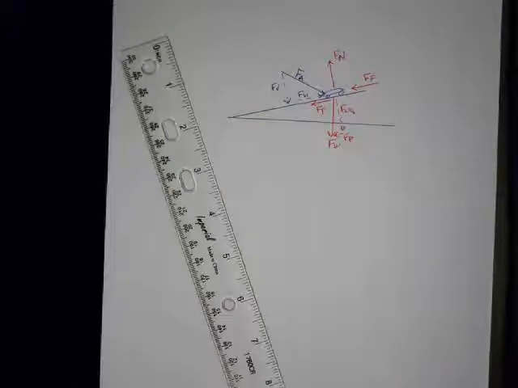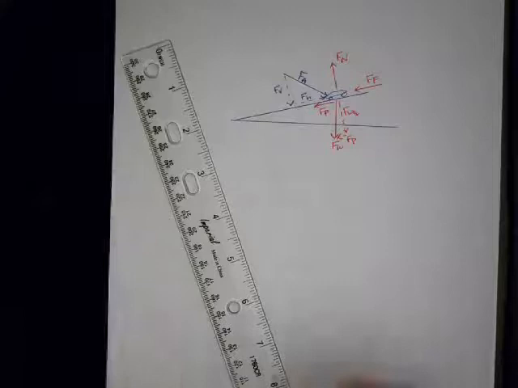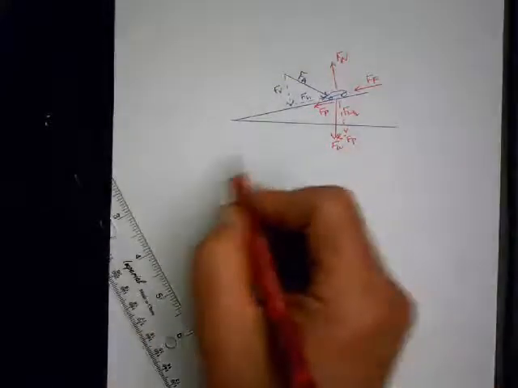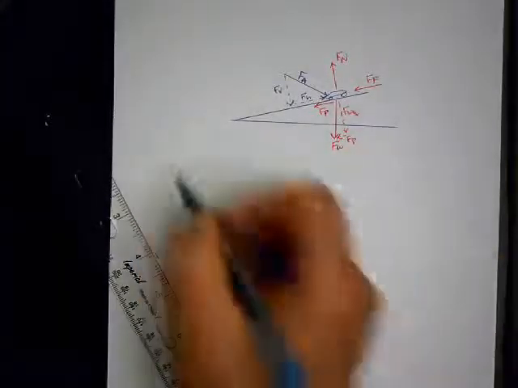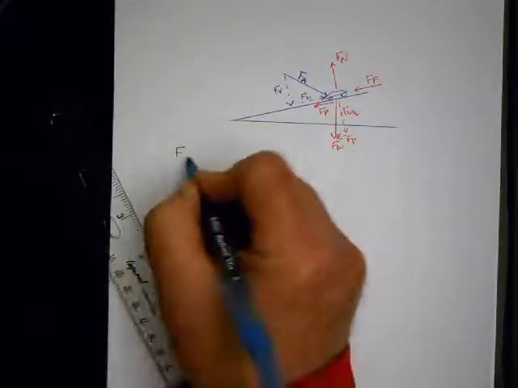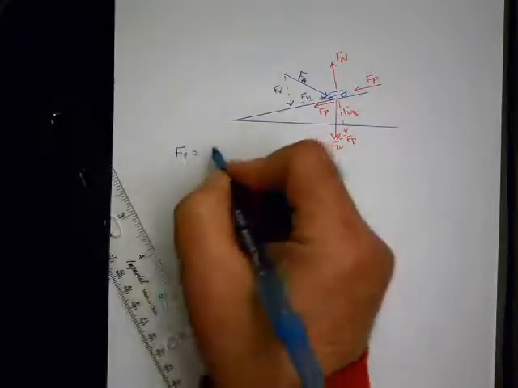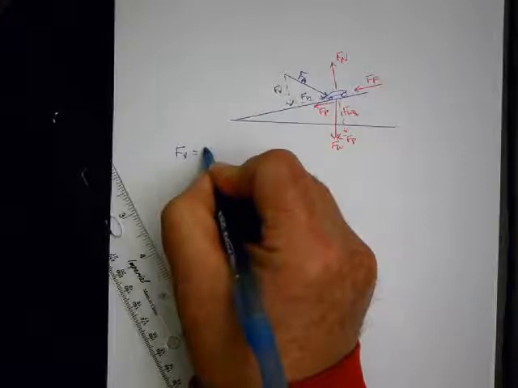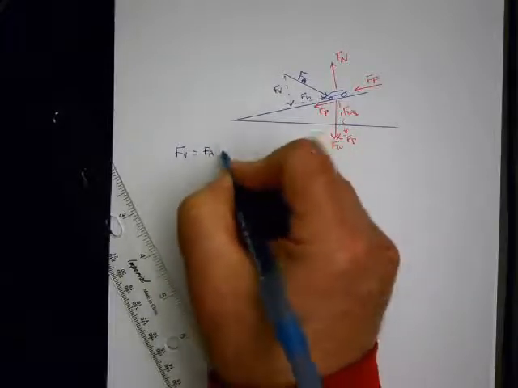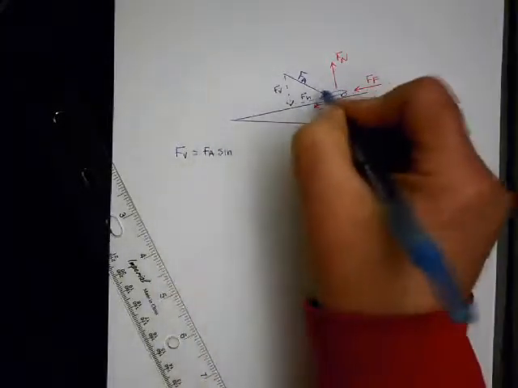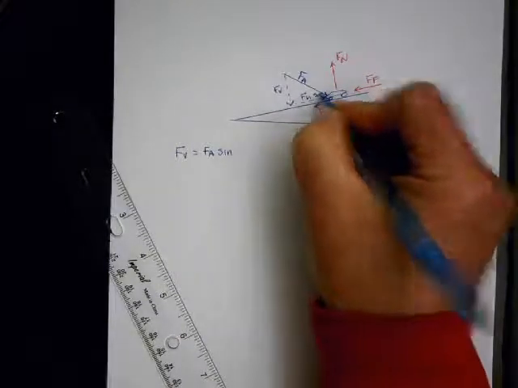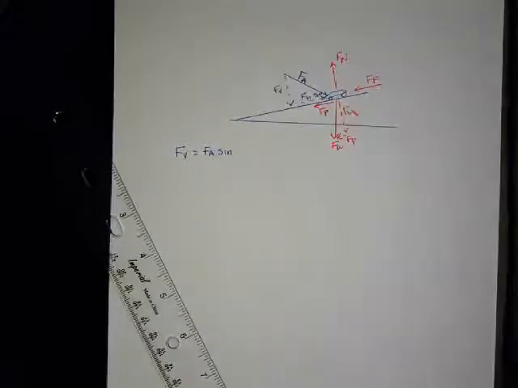All right, so we got lots of components here. So let's go ahead and just do that part first. So my FE is still going to be FA sine, and this is still the 50 degrees because we're still doing the same part A. And we were at 120 newtons of force, sine of 50.